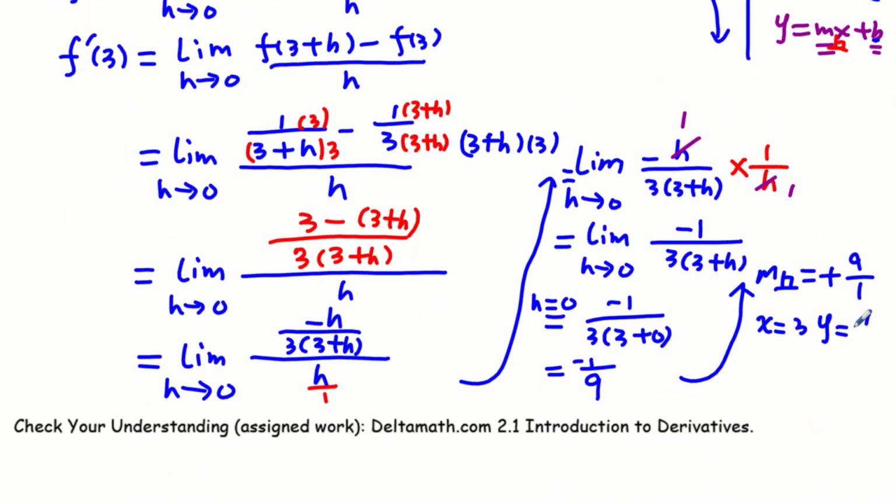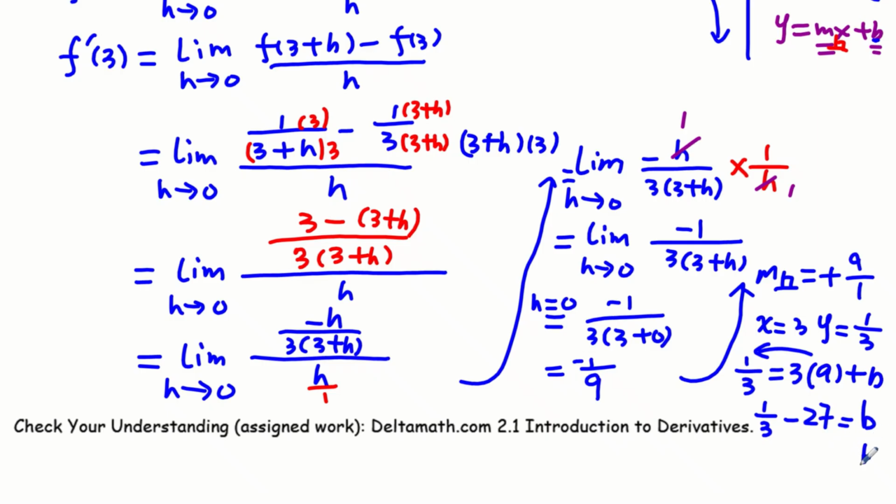Then what we have to do is substitute this into the slope y-intercept form. We are going to have 1 over 3 equals 9 times 3, then plus b. In order to solve for b, we are going to isolate b. We have 1 over 3, then subtract 9 times 3, which is 27.